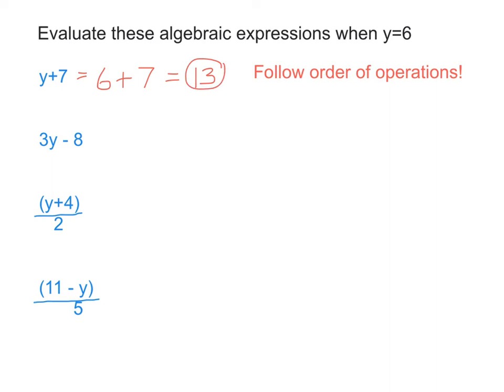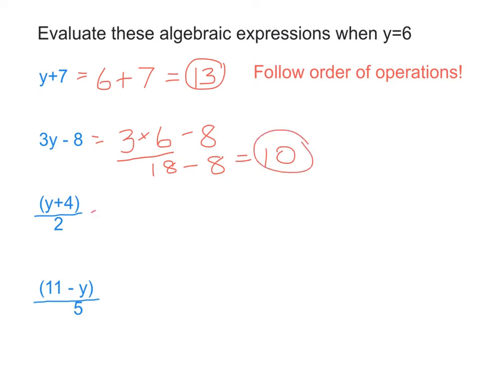In the second one, don't forget that 3y, when you don't see an operation, that means 3 times y. So I'm going to take 3 times 6 and then subtract 8. Multiplication comes first, so I'm going to take 3 times 6, which gives me 18, and 18 minus 8 gives me 10.